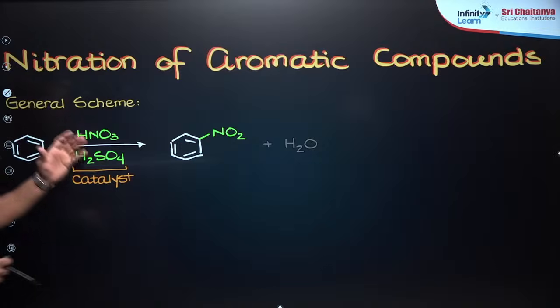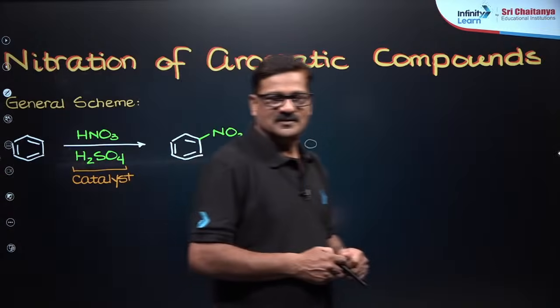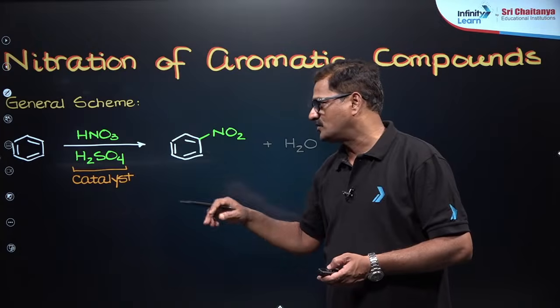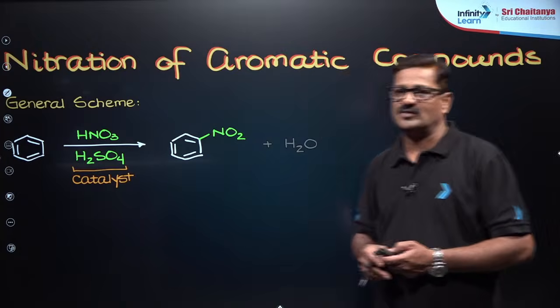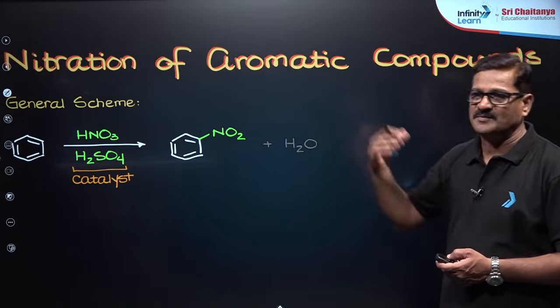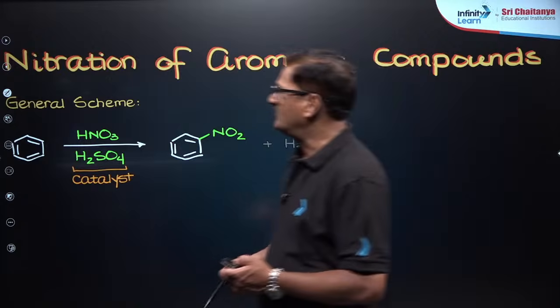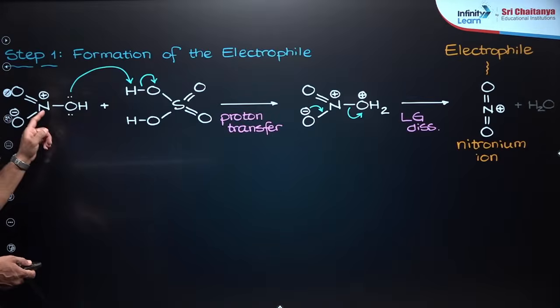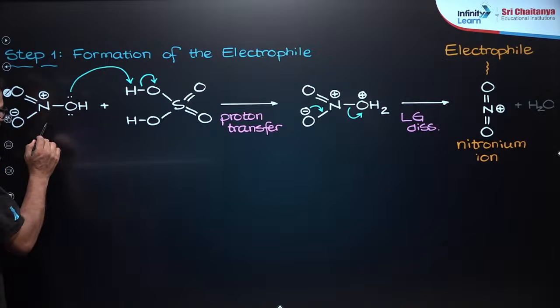like this, nitration of benzene. So benzene reacts with the nitration mixture, HNO3 and H2SO4, and you are going to get nitrobenzene. And this is a generic mechanism. Let us see the mechanism here. When you see the mechanism here, HNO3 is a Lewis base.